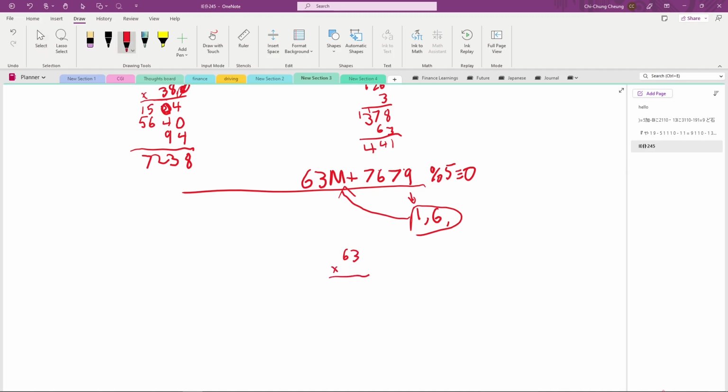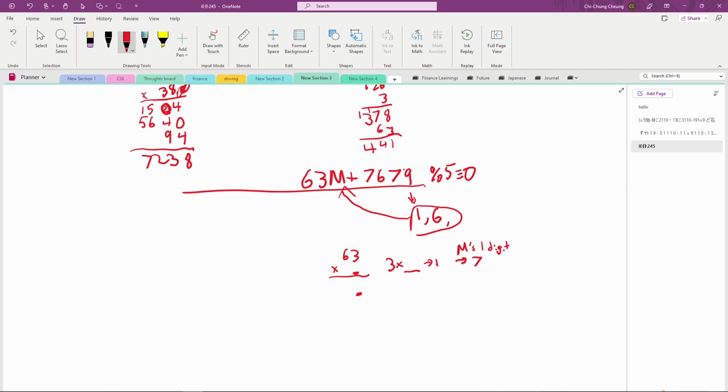It's m. Only this matters for the ones digit. So 3 times something has to end with a 1, and that means m's one digit has to be 7, right?